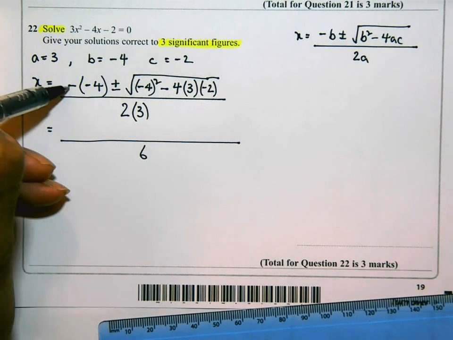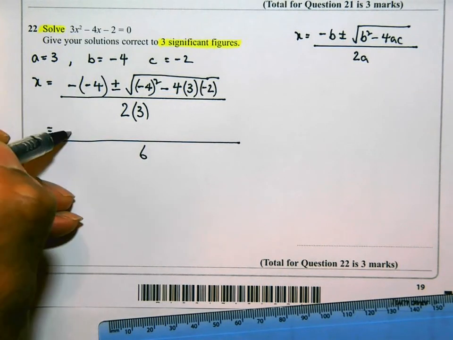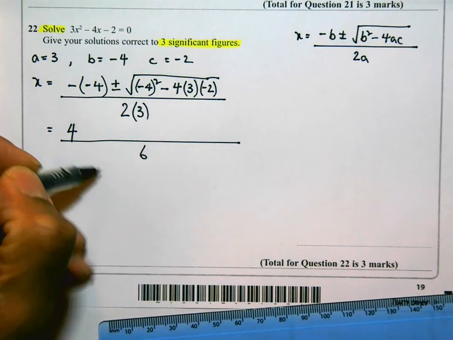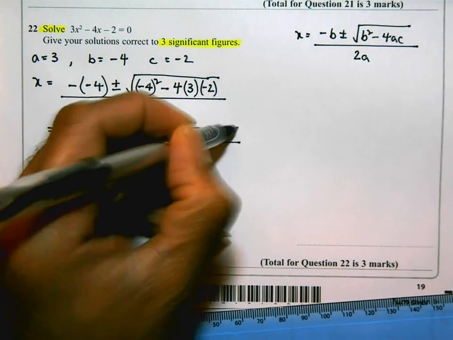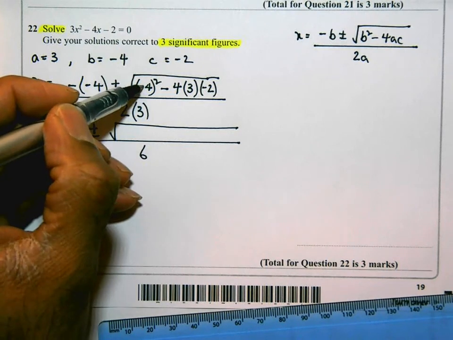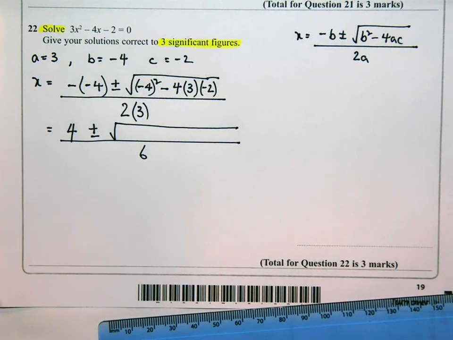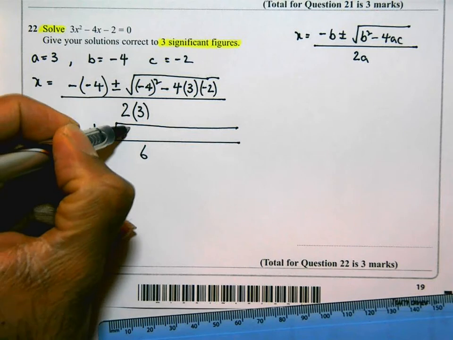Starting from this side, minus minus 4, a minus and a minus make a plus. Plus or minus the square root of minus 4 squared, so minus 4 times minus 4 is positive 16.